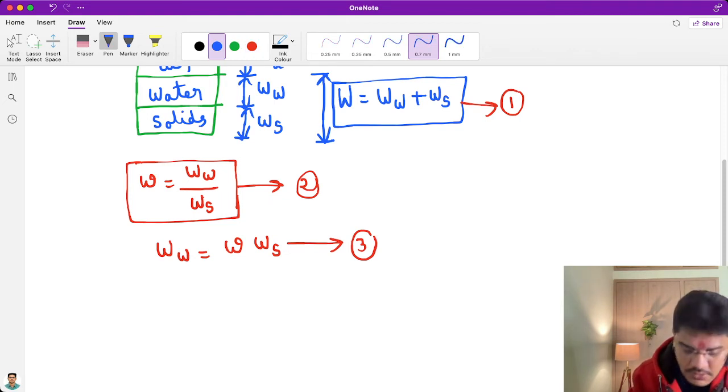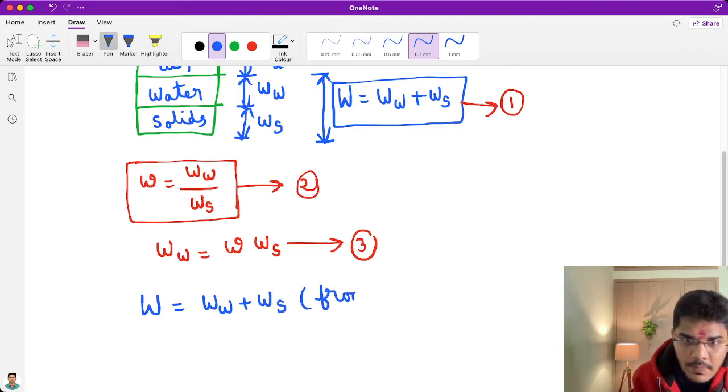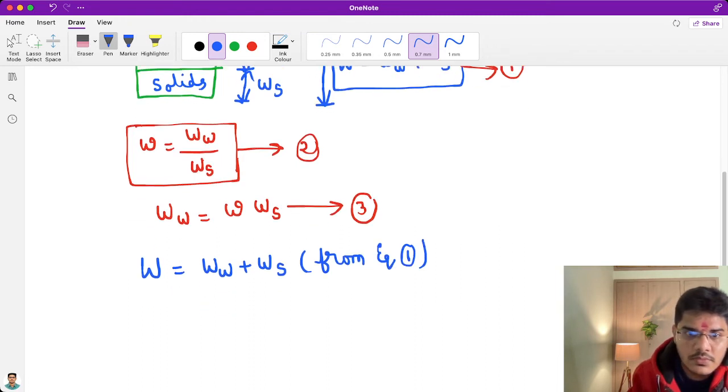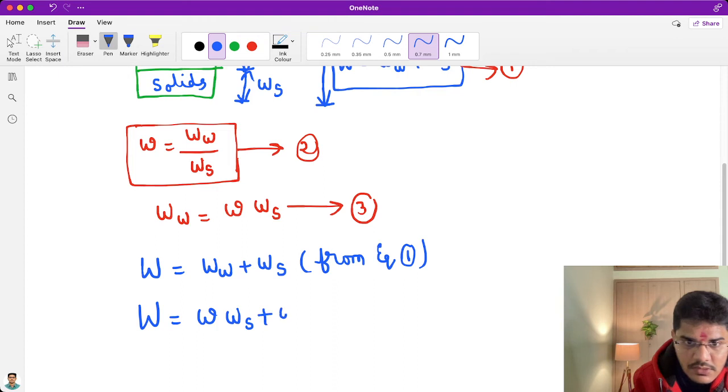Now from equation 1, total weight is equal to weight of water plus weight of solids. In place of weight of water, we can write water content into weight of solids, from equation 3. So total weight is equal to water content into weight of solids plus weight of solids, which is as it is.